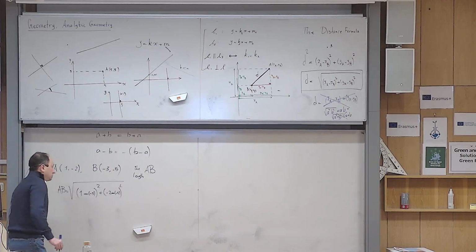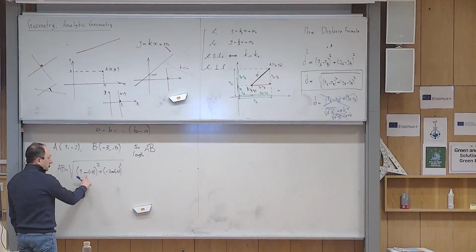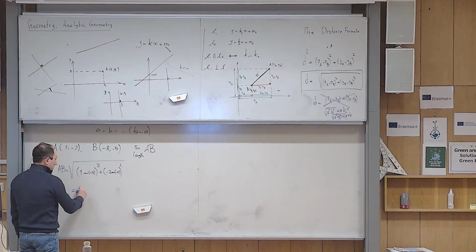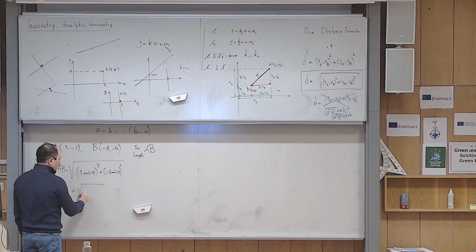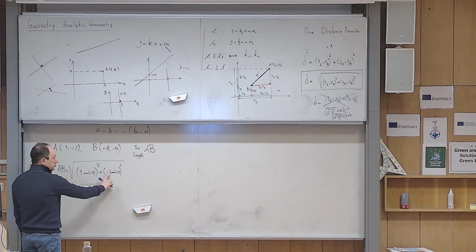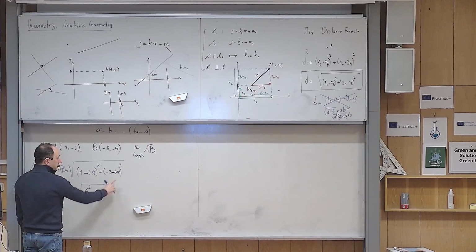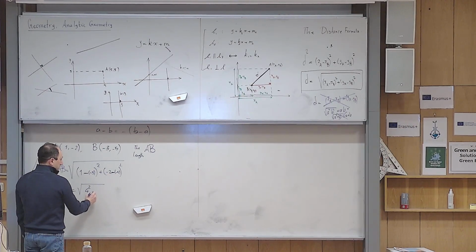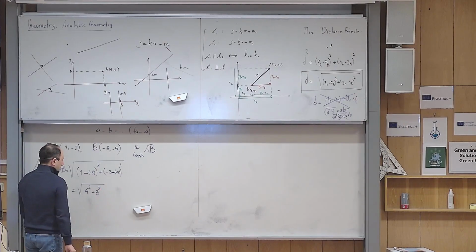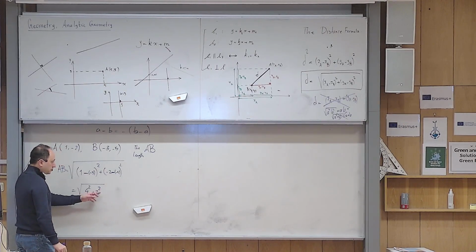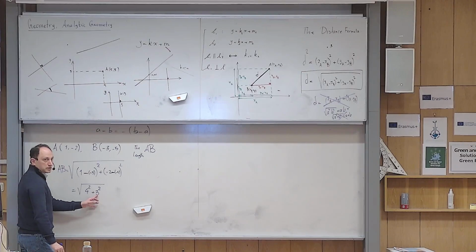And then you continue. 1 minus minus 3 is what? Is 4. 4 to power 2. Minus 2 plus 5 again, because minus minus 5 is plus 5. And then it becomes what? 3. Okay, the common mistake I told you, people sometimes write 4 plus 3. It's not correct, yes?